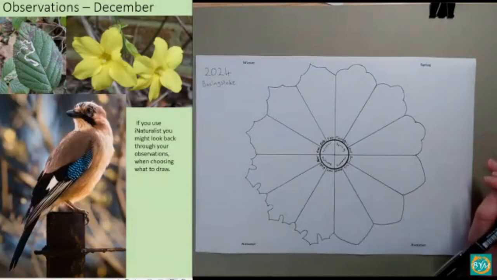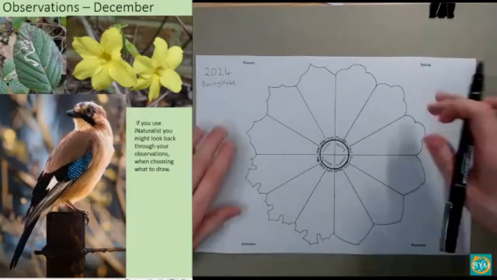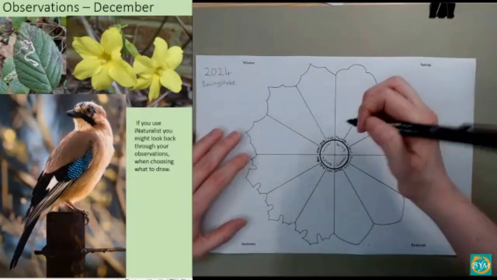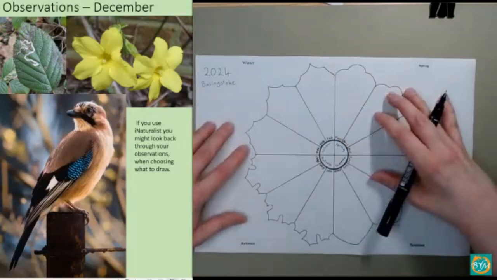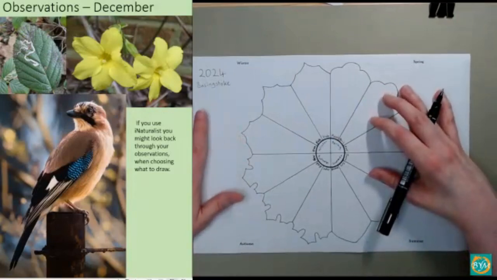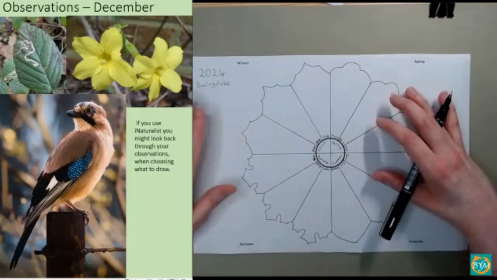I just need to work out how the months go and not forget November or October. There we go. Never mind. We're there now. So as I was saying, think about looking back through your observations, think about what you saw at different months.